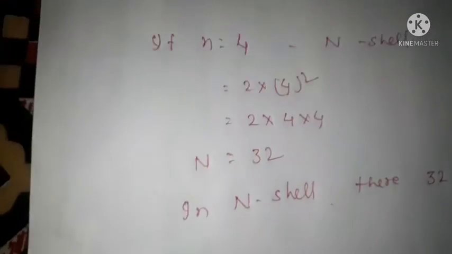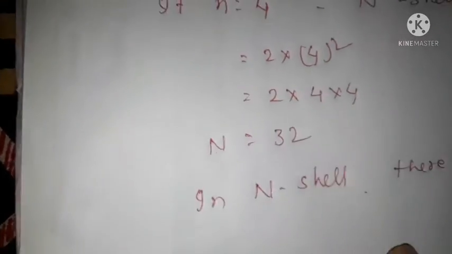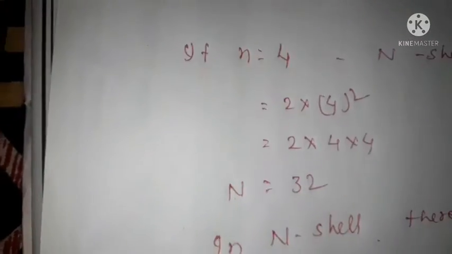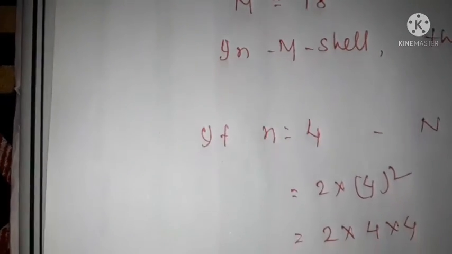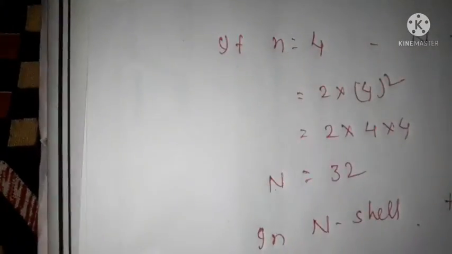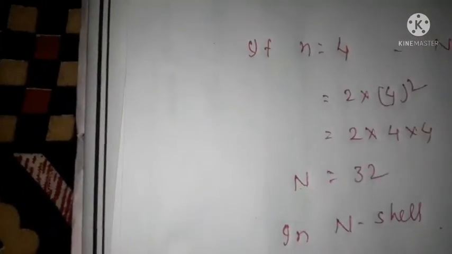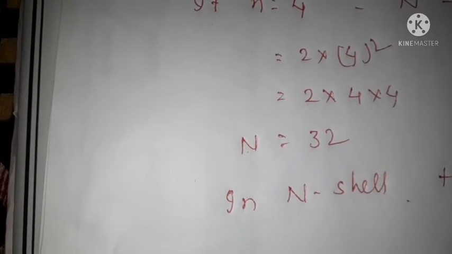In this way, we calculate the number of electrons in various cells like K cell, L cell, M cell. Now we can easily derive the number of electrons in various cells.